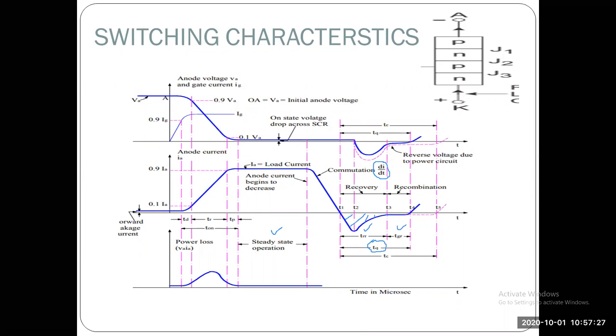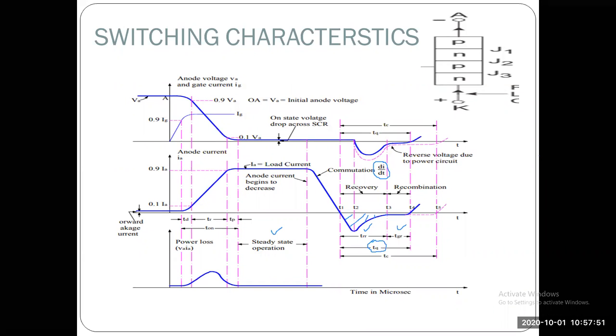If you clearly see J1 and J3, or we can define them like this: outer layers. What are the outer layers for this SCR? If you see the diagram, the outer layers are the P layer and the N layer. The P layer is connected to the anode terminal, and the N layer is connected to the cathode terminal. These two are the outer layers.